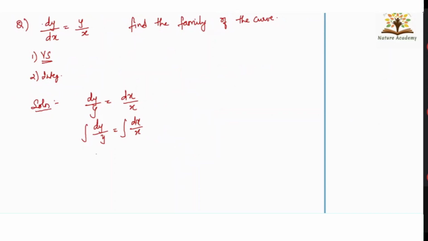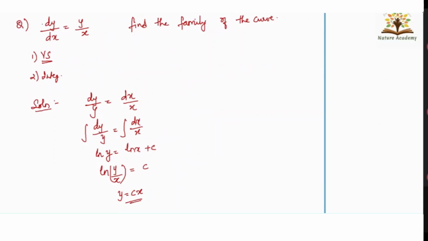If I integrate it, I'm going to get log y equal to log x plus c, because integral 1 by x is log x, integral 1 by y is log y. Then I can take this to the left hand side and make it y by x equal to c, so y is equal to cx.